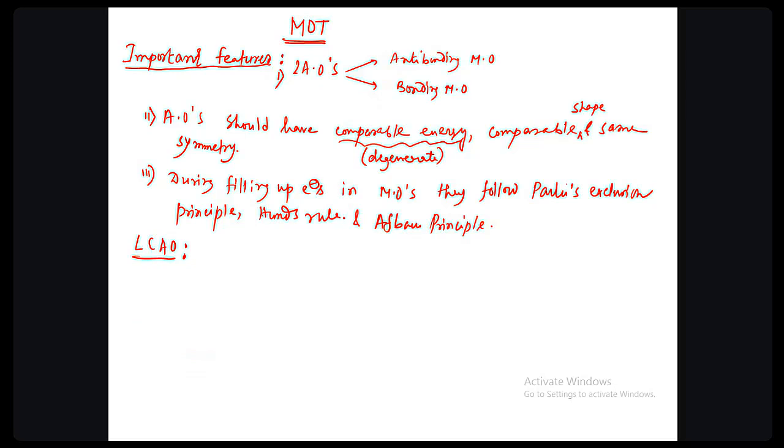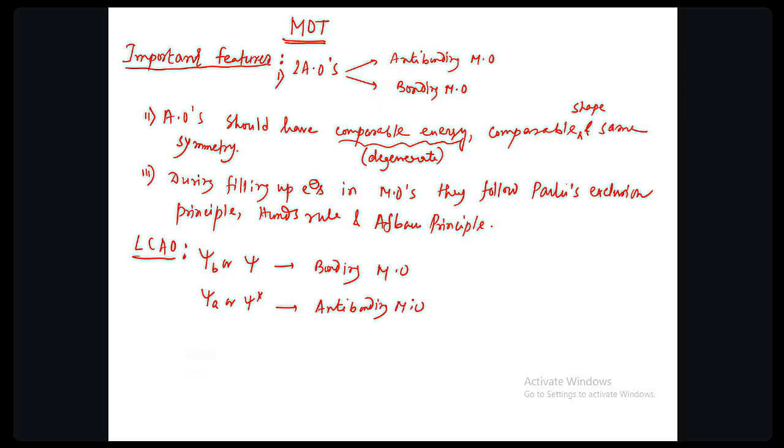Because before that, according to Bohr's theory, there was no existence of orbitals, there were only orbits: K, L, M, N, etc. But when the Heisenberg uncertainty principle came, the probability of finding an electron was defined by the orbital, and then it was explained as the wave function, psi. So the bonding MO is called psi B, or normal psi. And the anti-bonding MO is defined as psi A, or psi star, according to LCAO. Okay.